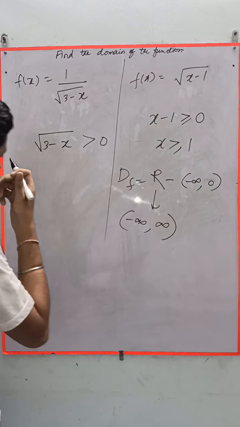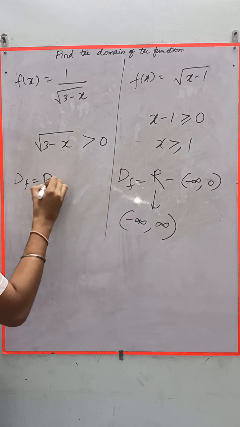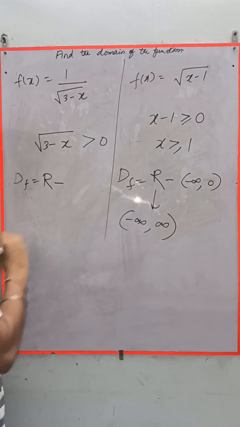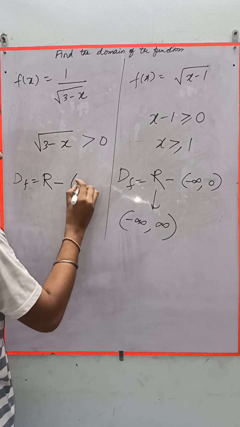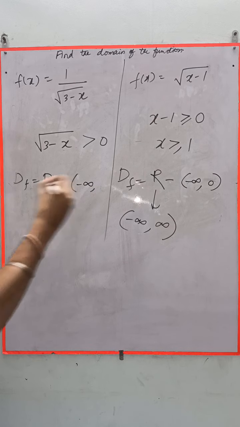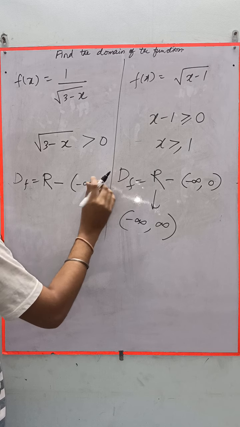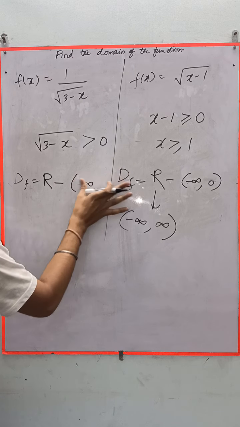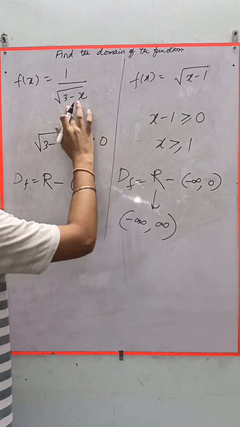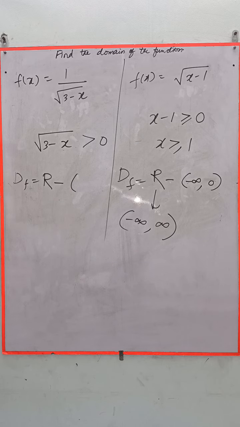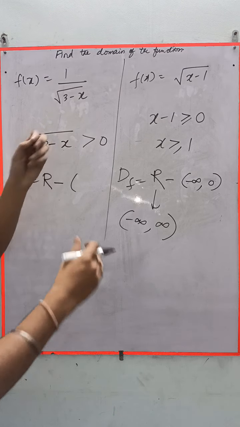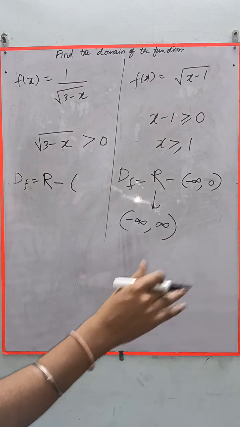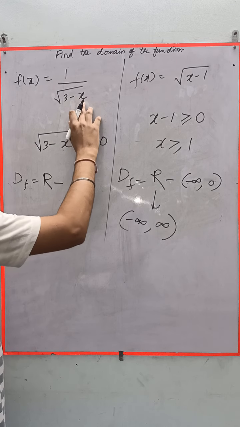Okay, so our domain, what will be the domain? The whole real number except what? Negative infinite till, no, we don't have to take the positive, because negative it can take, but it cannot go further. So it should not be 3.